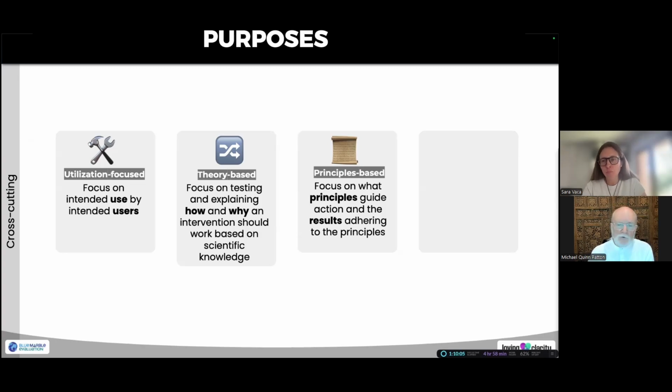And the reason principles focused evaluation emerged is that in complex dynamic situations where people are figuring out what to do, they're addressing a problem, but they don't yet have goals for that. They're not quite sure exactly what they want to do, but they're guided by principles. So, for example, the civil rights movement in the United States, in India, in South Africa, working against apartheid, they had a big vision about what they wanted to do.